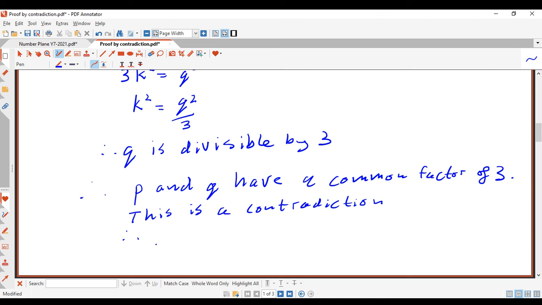Therefore, root 3 being rational is false.